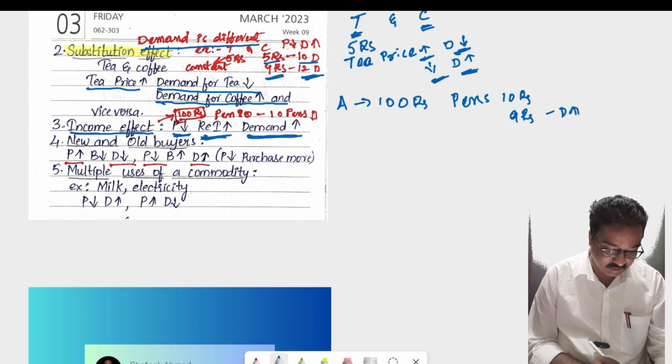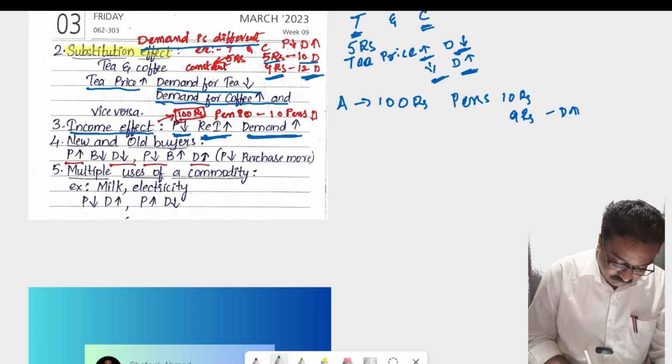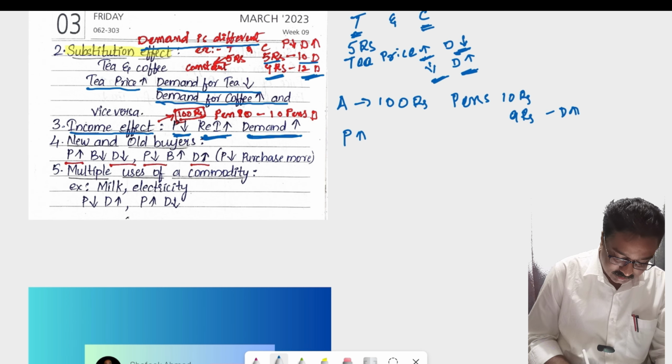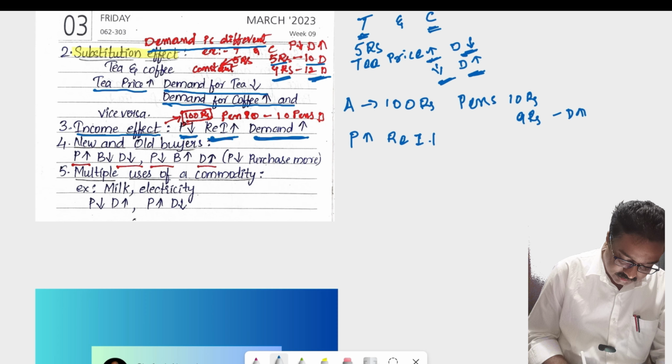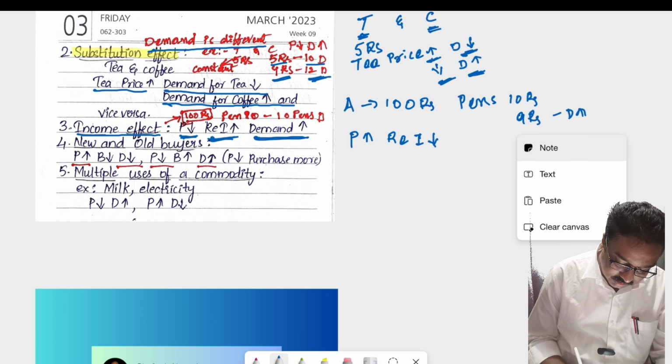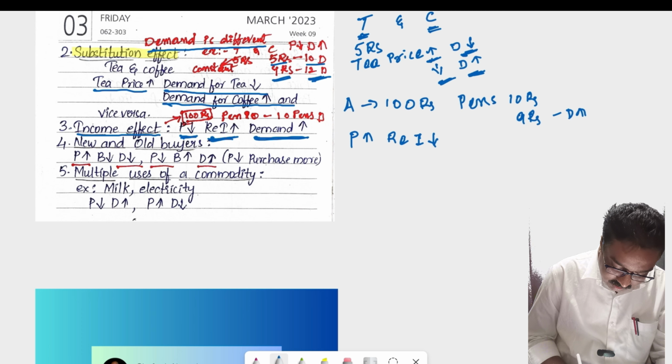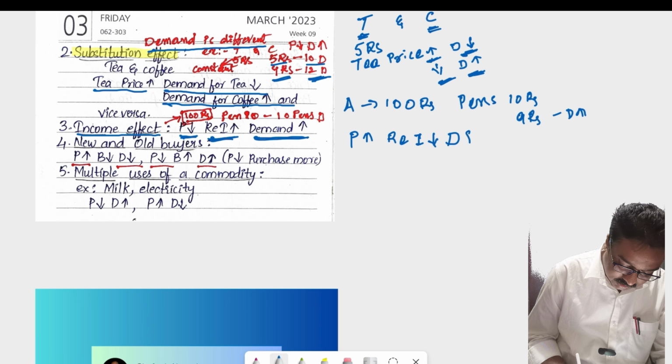Okay, so this is called the income effect. When the price increases, real income also decreases, their demand also decreases, goods demand also decreases.